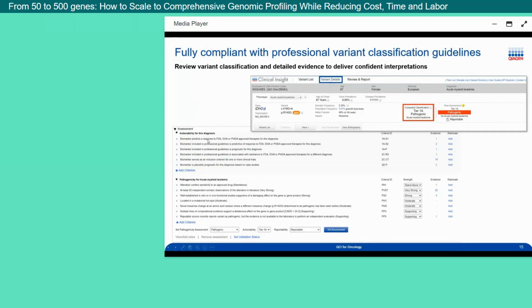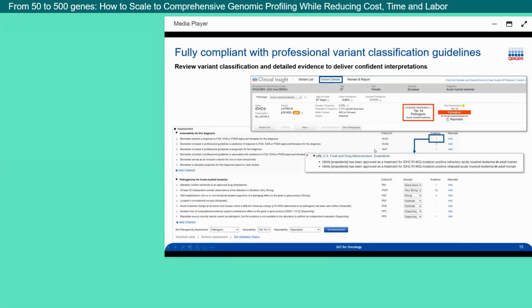All tiers that are applicable will be shown to transparently indicate the actionability options for this alteration. Some variants have therapeutic actionability as well as prognostic actionability. For each tier, the underlying clinical evidence can be viewed, which provides transparency in the sources that support each tier.